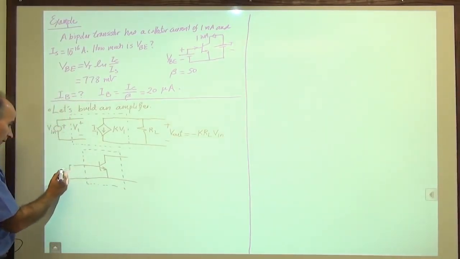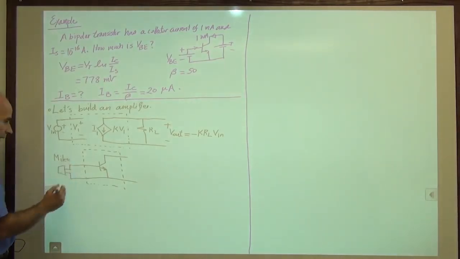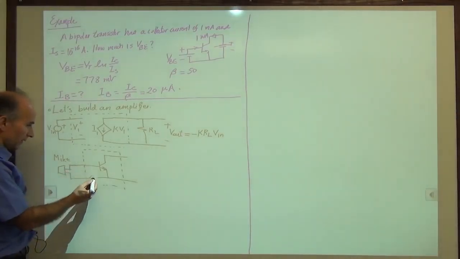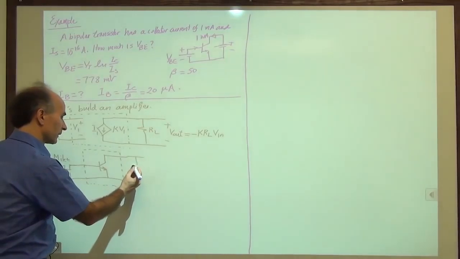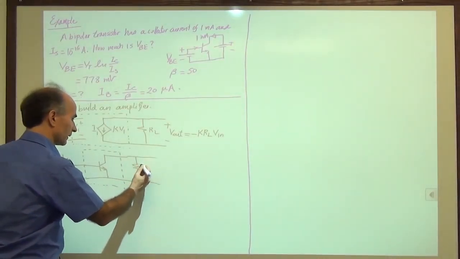So here's the symbol for a microphone. I don't know, maybe something like this. So we will call this mic. That's the microphone. The microphone has two wires, and the two wires are connected directly to the base and the emitter. And then we connect a resistor on the side, just like before, RL.